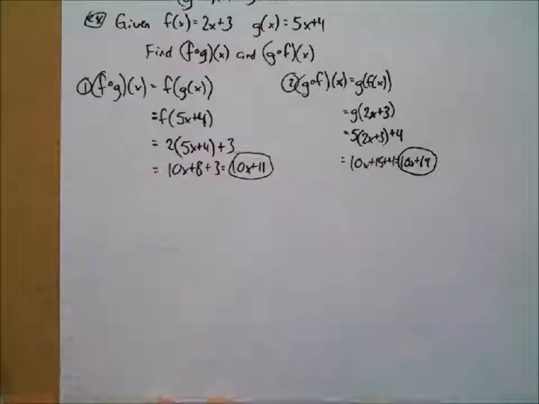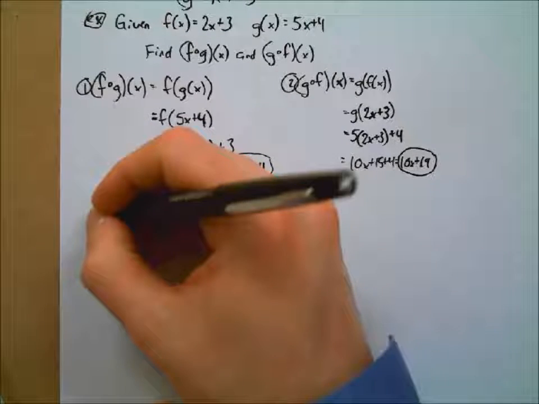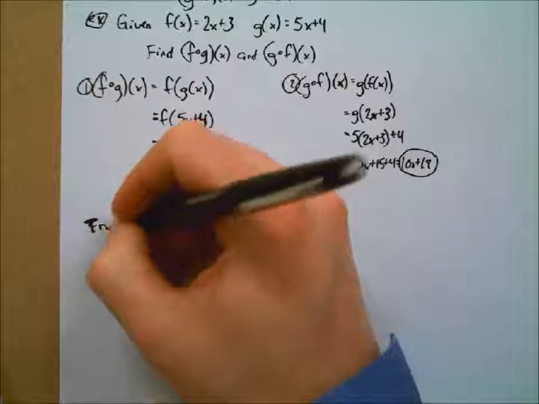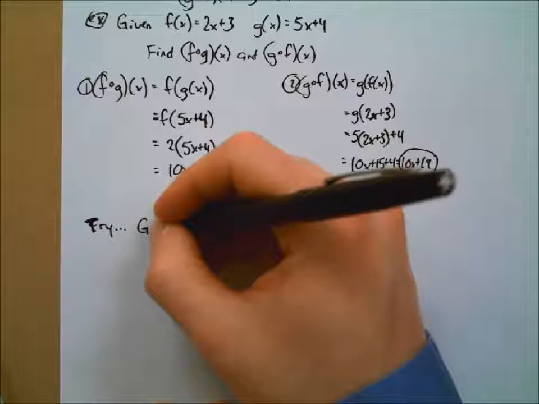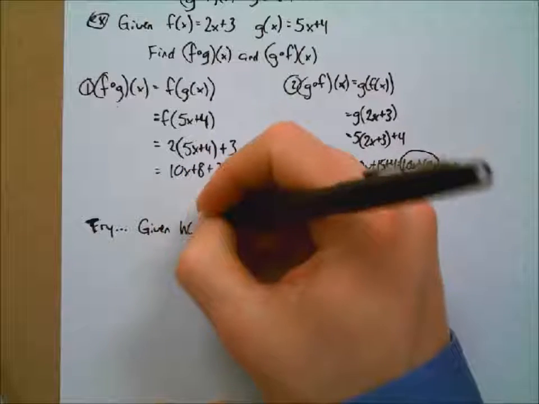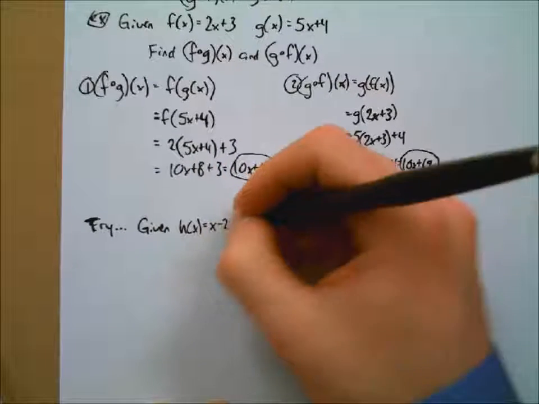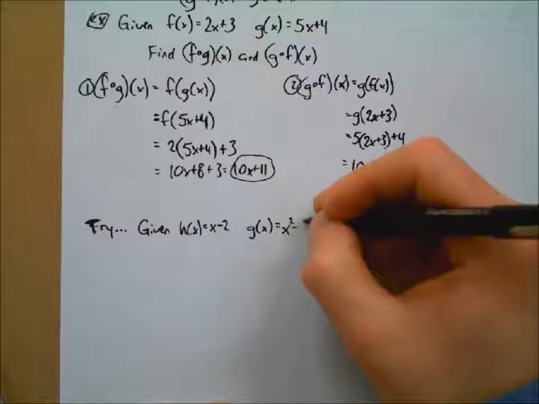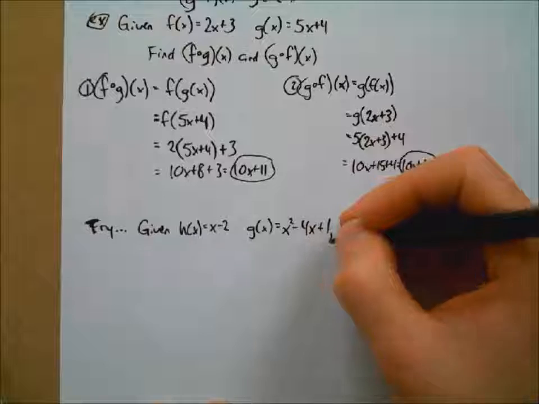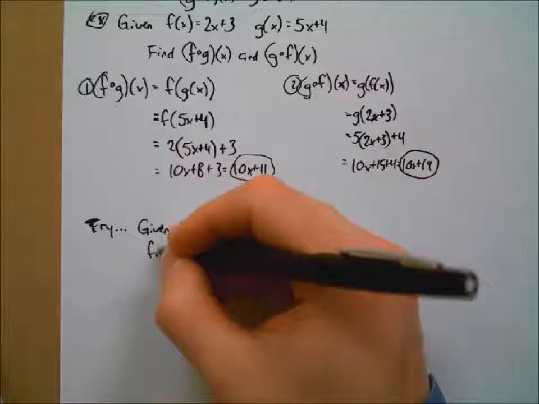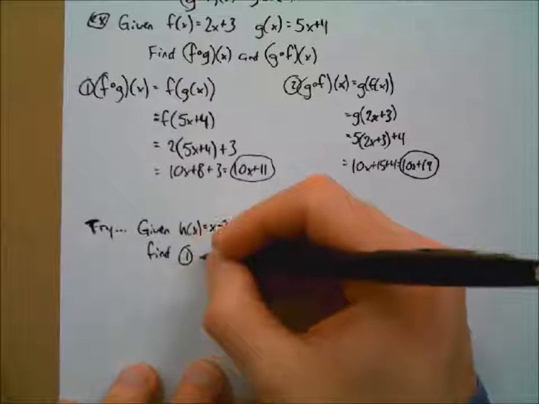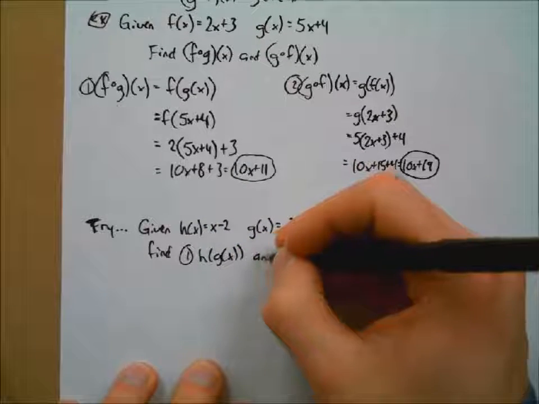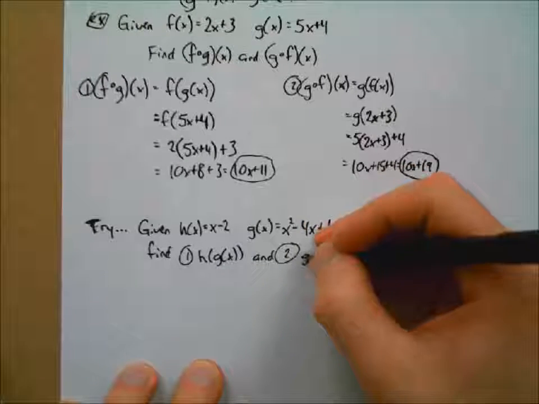So let me give you guys another. Here, this is for you all to try. All right, so given h of x is equal to x minus 2, g of x is equal to x squared minus 4x plus 1, find h of g of x and g of h of x.